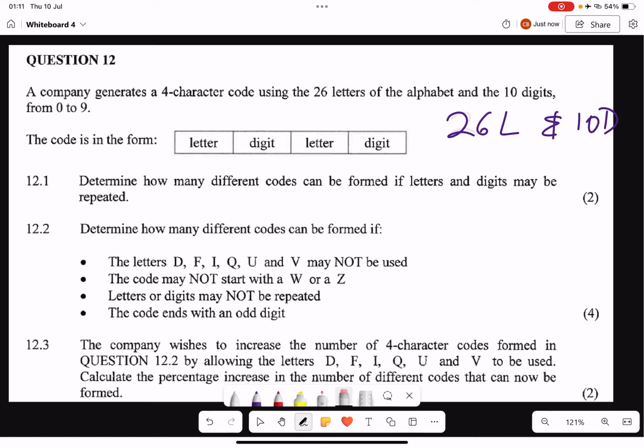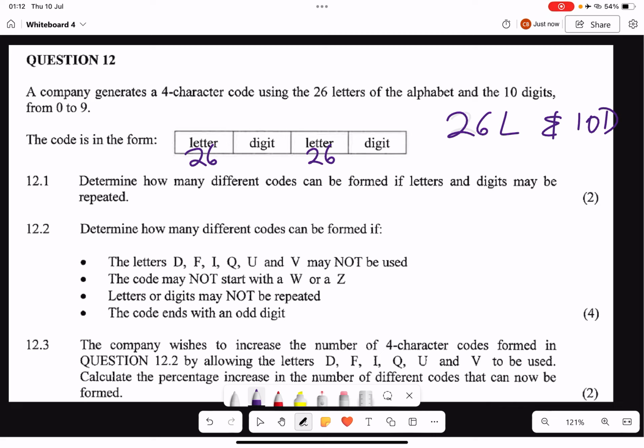Now let's look at the first question, 12.1. They want us to determine how many different codes can be formed if letters and digits may be repeated. Which means if repetitions are allowed, our number of choices does not change. I have 26 options to pick a letter, and also 26 choices there.